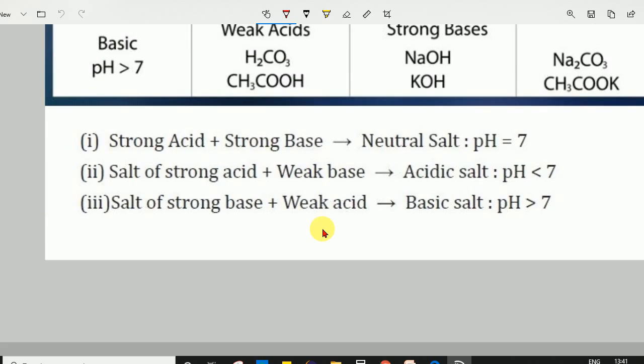And a salt of a strong acid, when reacting with a weak base, will be an acidic salt and the pH value will be less than 7. Similarly, if a salt of a strong base reacts with a weak acid, it forms a basic salt and the pH value will be greater than 7. How does it happen?